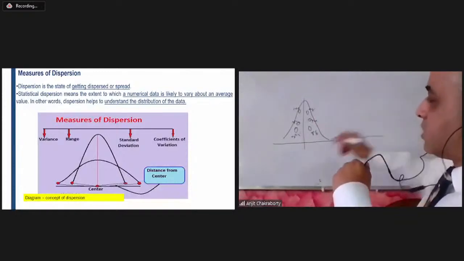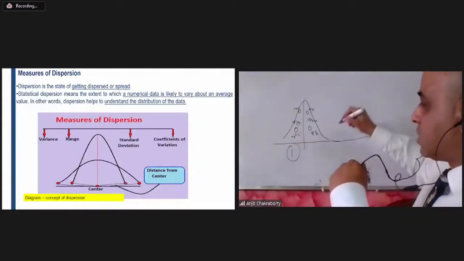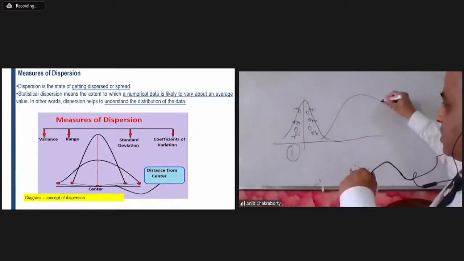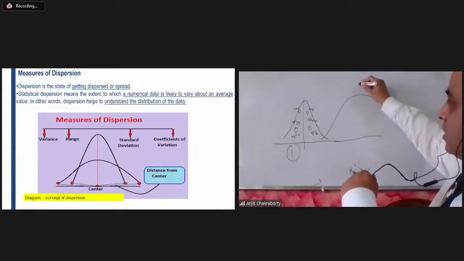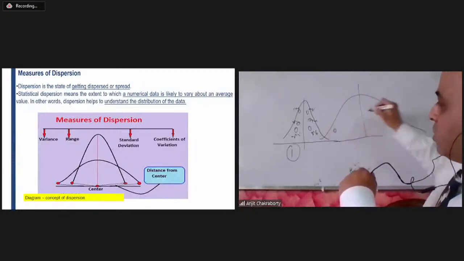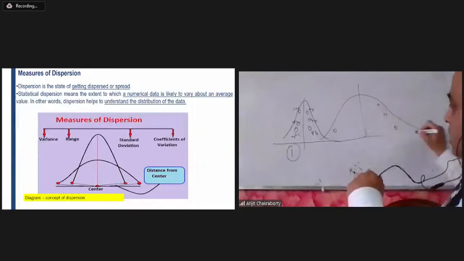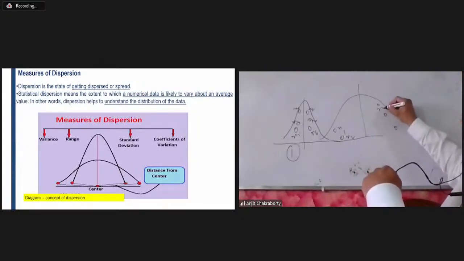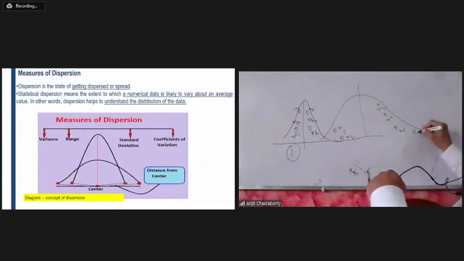And this is situation number 1. In the second situation, I am drawing another curve and this is more flat. And here the observations, please note, are scattered: x1, x2, x3, x4, x5, x6.